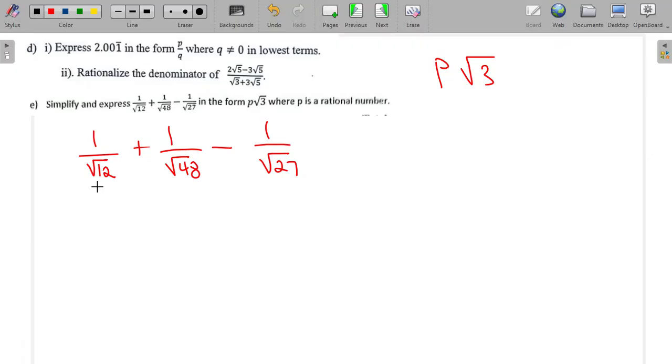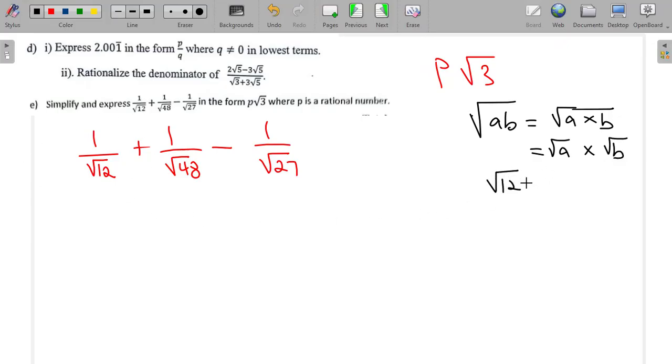So whatever number has a root here, I want to make it to have a root of 3 somehow. So remember, if I have root of A multiplied by B, this is the same as root of A multiplied by the root of B. So that's what will happen to this 12.